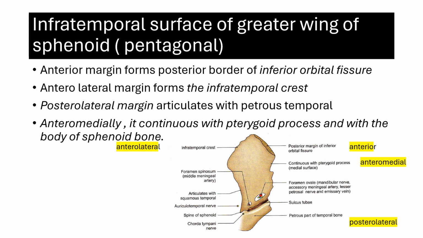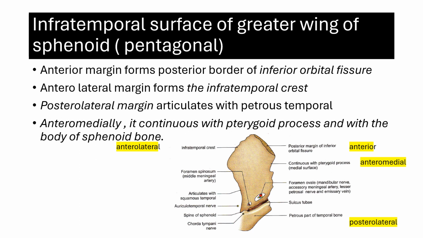When we see the infratemporal surface of the greater wing of the sphenoid, first of all it is pentagonal, and as we can see from the diagram, its anterior margin forms the posterior border of the inferior orbital fissure, and the anterolateral margin forms the infratemporal crest.